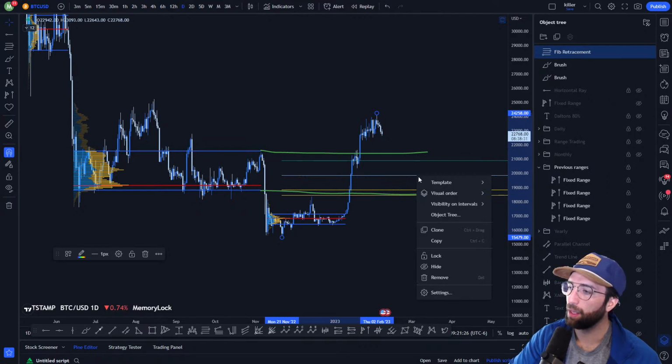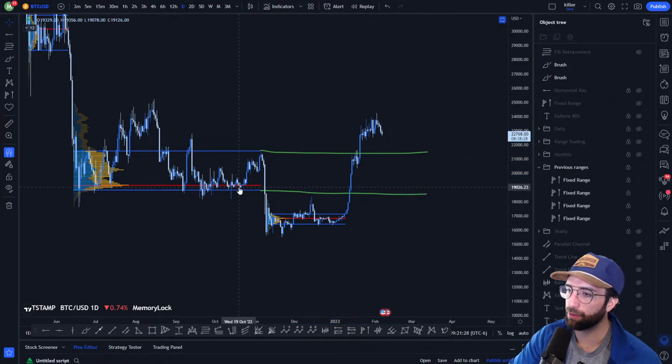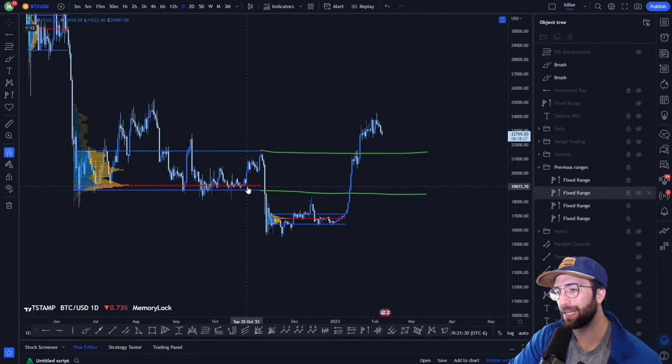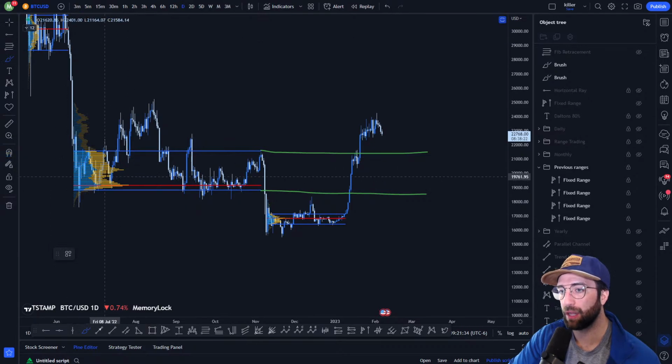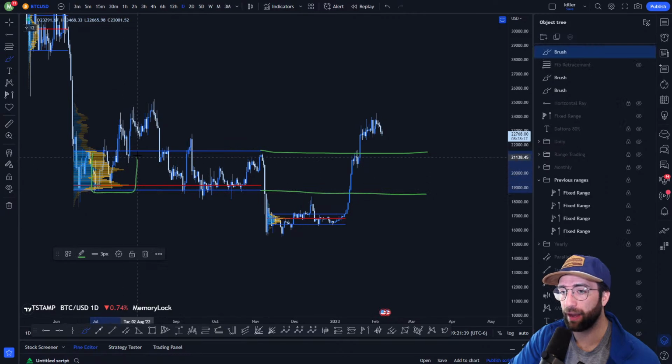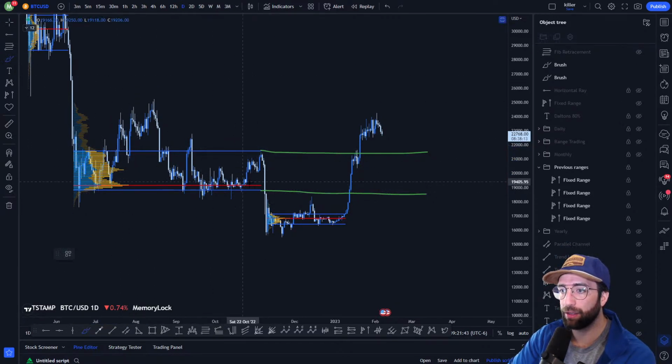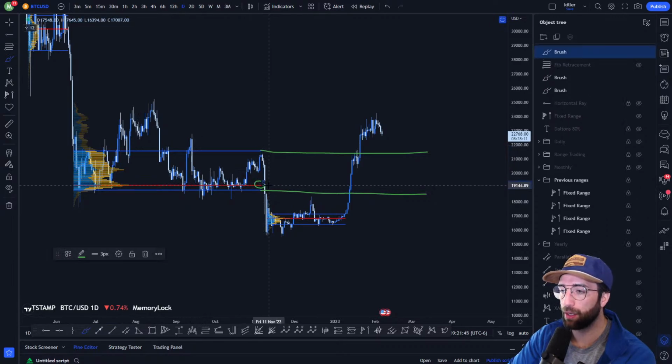But what makes the volume profile so special is that this is real data. This is based on the trading that took place in this range. This is the value area. Based on the trading that took place in this range, this is the point of control. This, without a doubt, is where the most volume took place in trading, at 19,150.